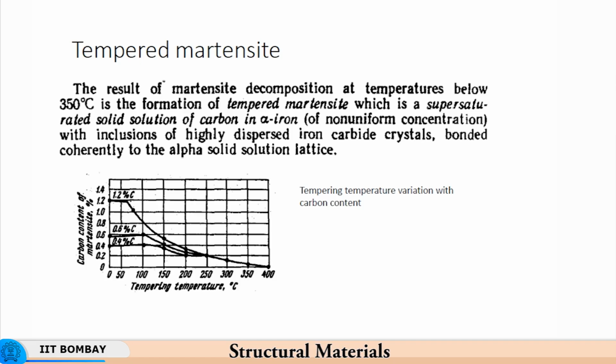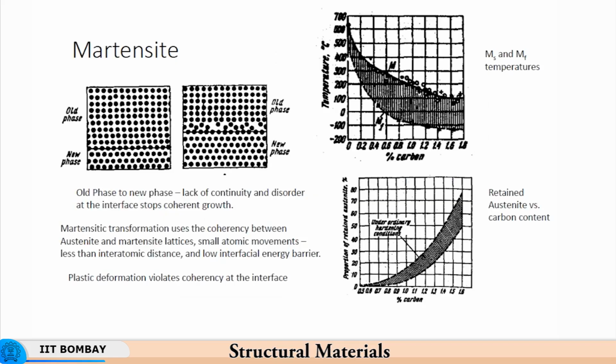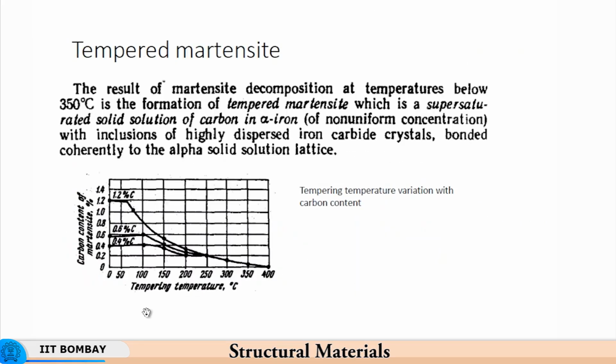This tempered martensite remains a supersaturated solution of carbon in alpha iron with inclusions of highly dispersed iron carbide crystals bonded coherently to the alpha solid solution lattice. So, basically this is what finally happens.